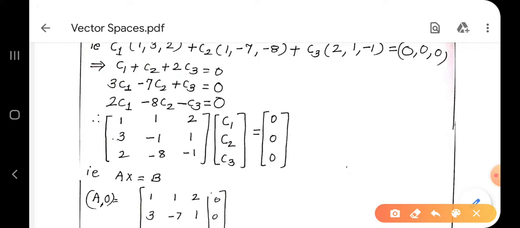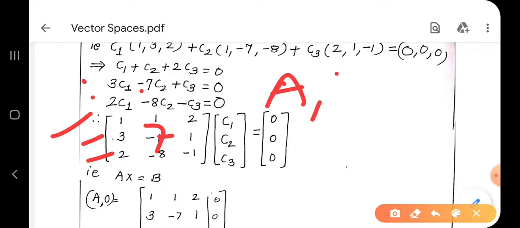Here in matrix notation, the first row is 1 1 2, the second row is 3 minus 7 1, then 2 minus 8 minus 1. Understood? And c1, c2, c3 equal to 0, 0, 0.